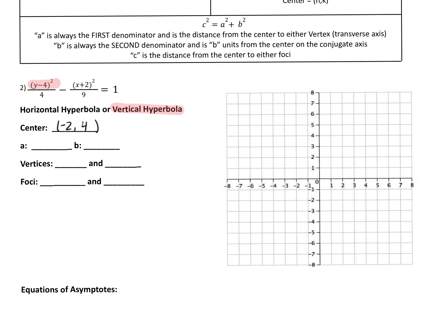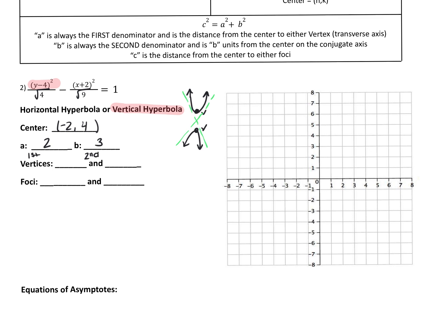A is always the square root of the first number, and B is the square root of the second number. So the square root of the first number is 2, square root of the second number is 3. So this time for a vertical hyperbola, our hyperbola is looking like this, with these two values being my vertices, and my asymptotes are going to be going down this way and this way.